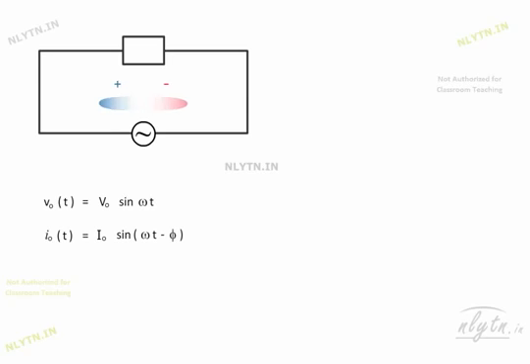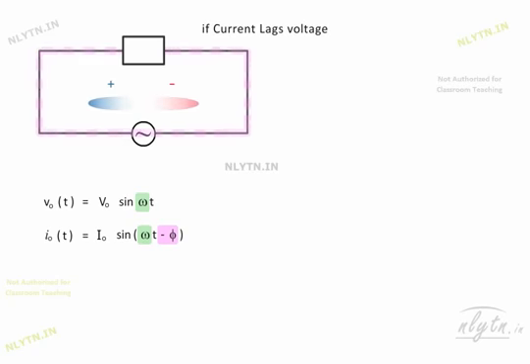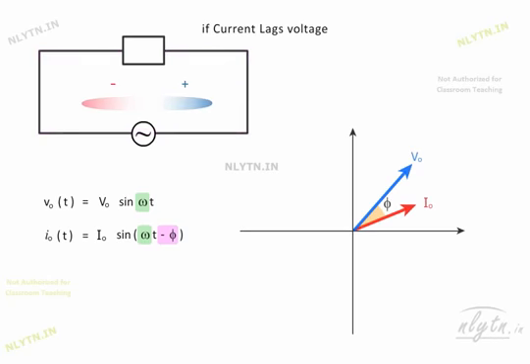AC voltage and current in circuit have the same angular frequency but different amplitudes and are often out of phase. If current lags voltage by a phase of phi, then in phasor diagram, the amplitude vector of current is behind the amplitude vector of voltage by a phase of phi.